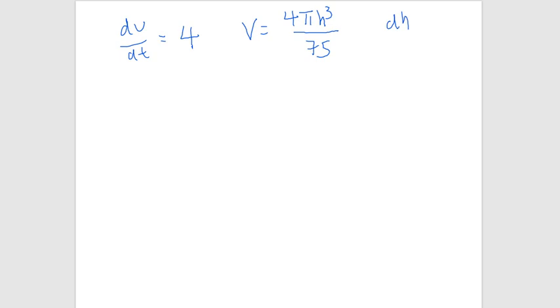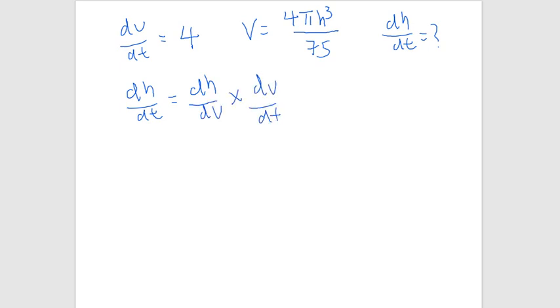What you want to find is dh/dt. You can write it as dh/dV times dV/dt using the chain rule.